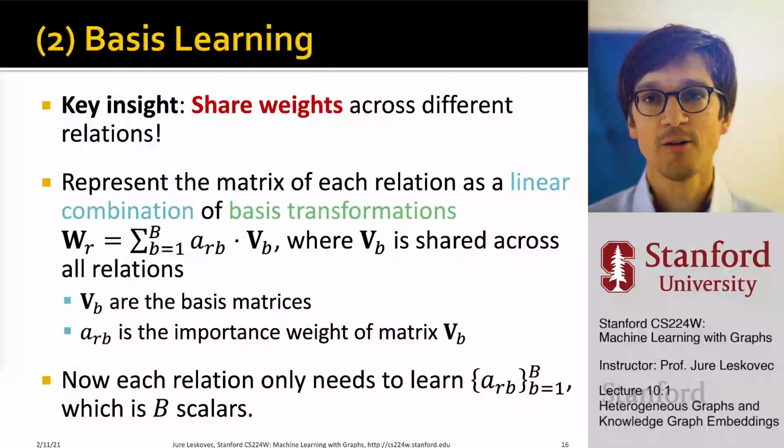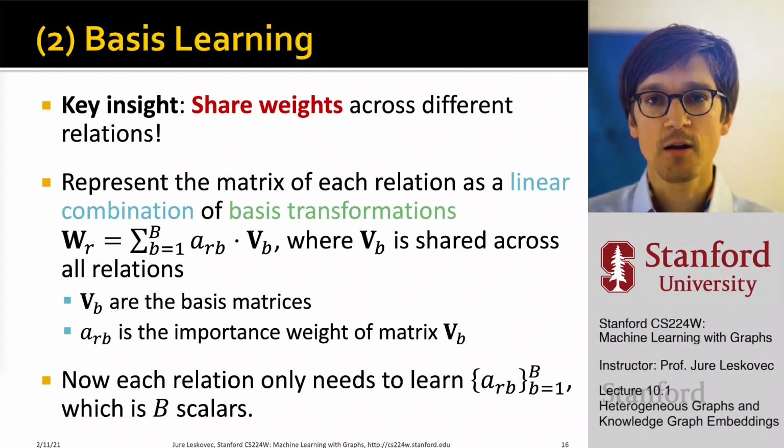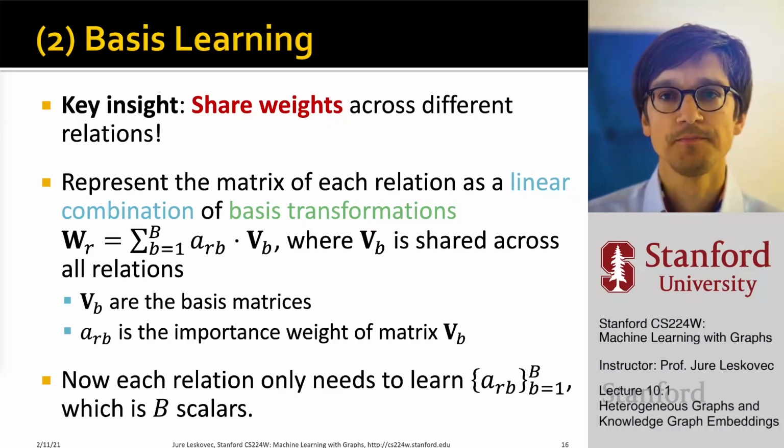The second idea for making this RGCN more scalable and its learning more tractable builds on the key insight that we want to share weights across different relations. We don't want to consider relations as independent from each other, but we want relations to share weights and some information.